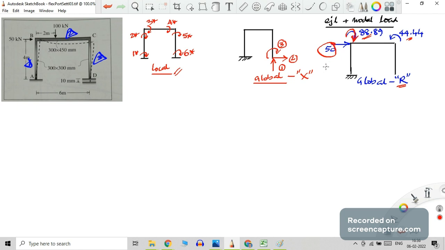Similarly for end C, it is 100 into 4 into 2 square by 6 square, that is 44.44. That is clockwise in a fixed beam, so we have applied the EJL as anti-clockwise here. So 50, 88.89 and 44.44 as the EJL. So every initialization we have done.